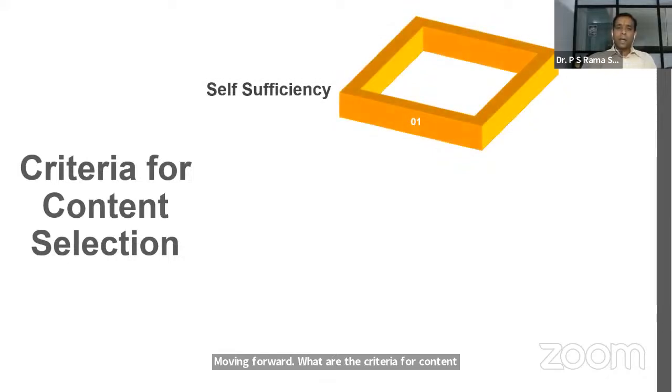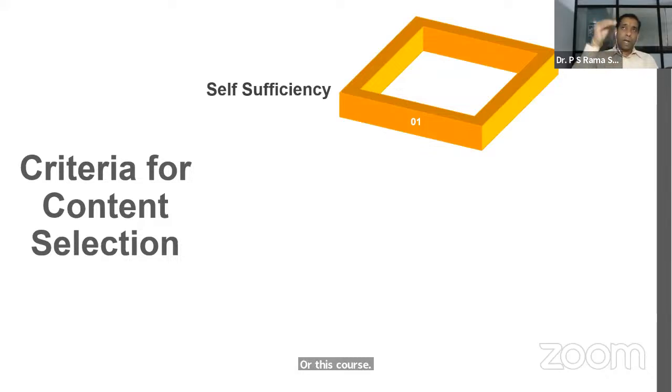Yeah. So moving forward, what are the criteria for content selection? The content of any specific course should be self-sufficient to the maximum possible extent. In the sense, module 1 or all the contents of this course should not be dependent on the principles which come in the higher semester.